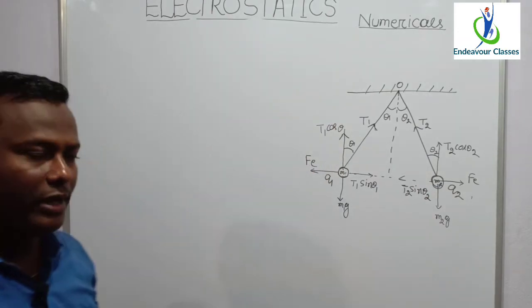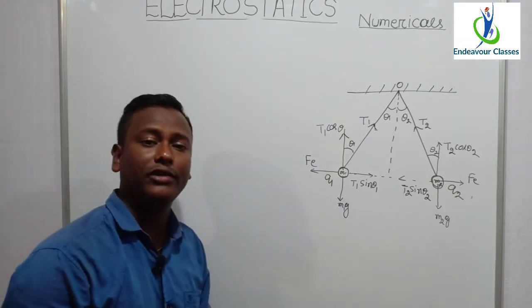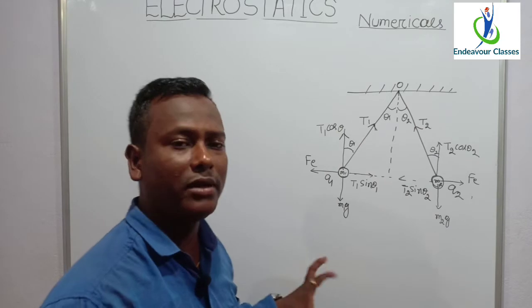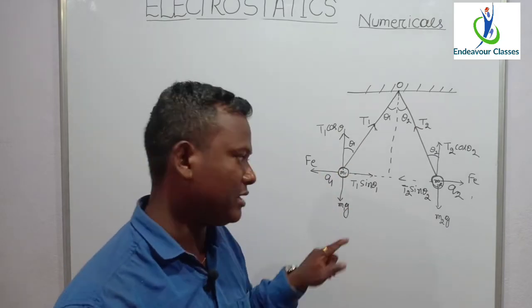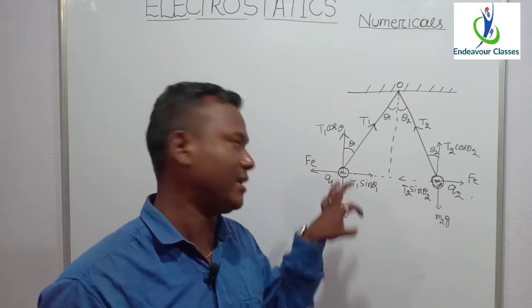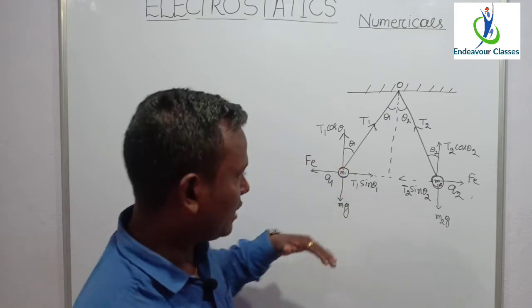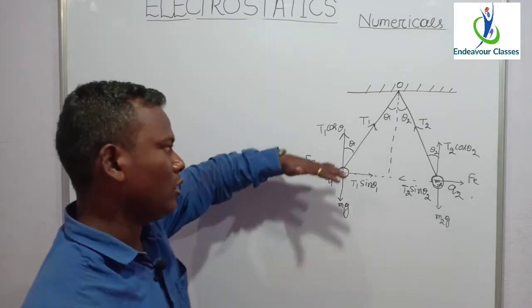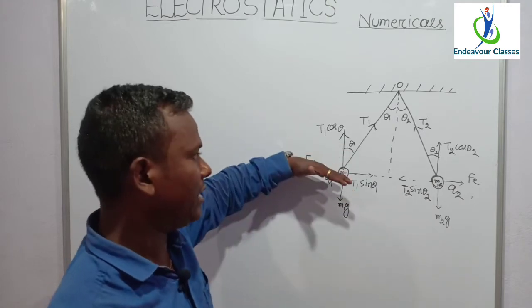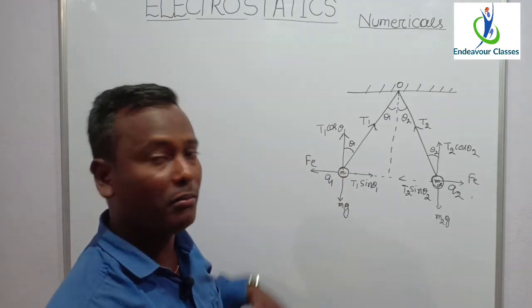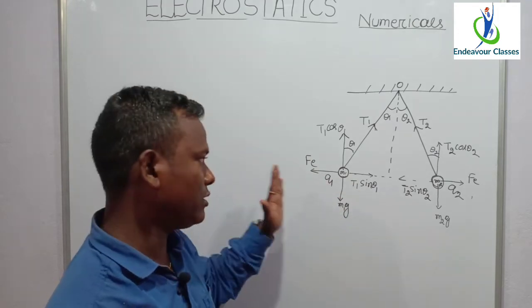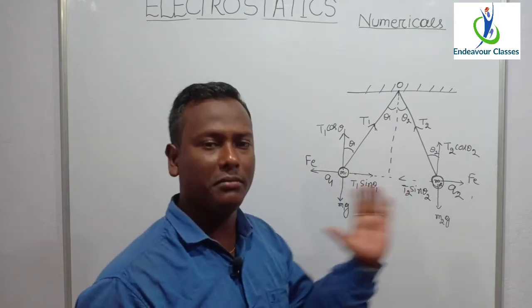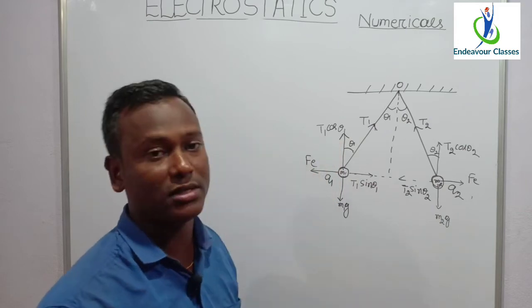Under equilibrium, as we know from the concept of equilibrium, all the forces acting on the body must balance each other. That means the net resultant of all the forces acting on the body must be 0. The forces acting in the vertical upward direction must be balanced by the forces in the downward direction, and the forces acting towards the right must be balanced by the forces acting towards the left.